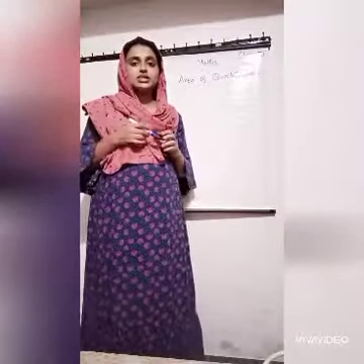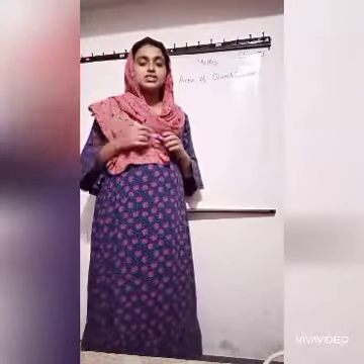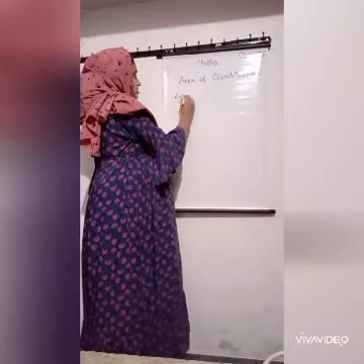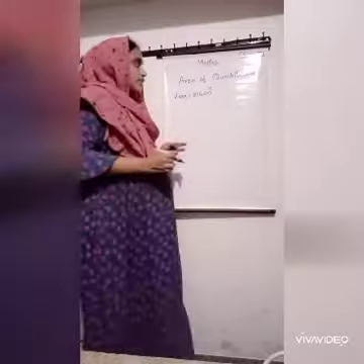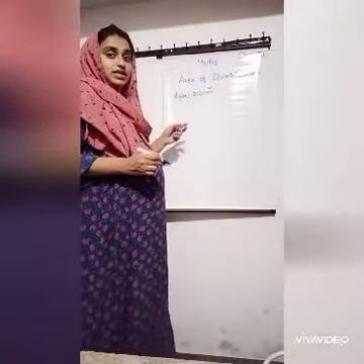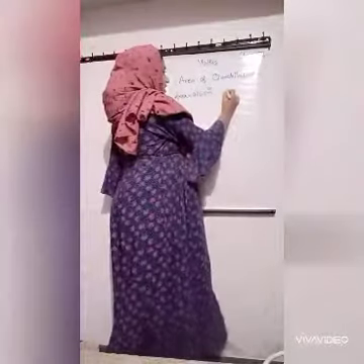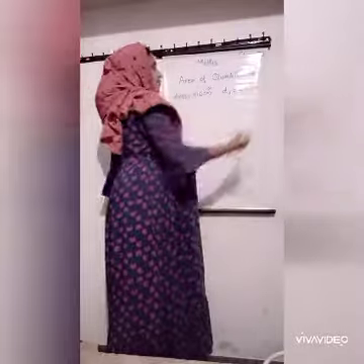Just write this question. Given that the area of a rhombus is 216 centimeters square and one of its diagonals has length 24 centimeters. We can name it D1, that is equal to 24 centimeters.